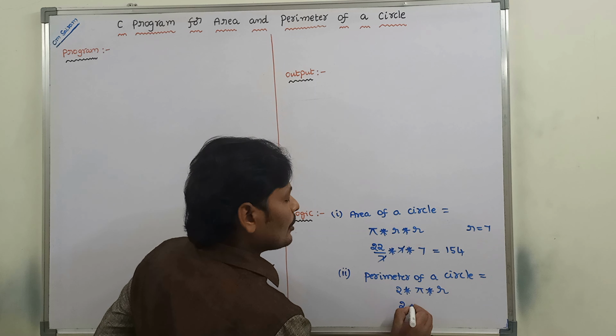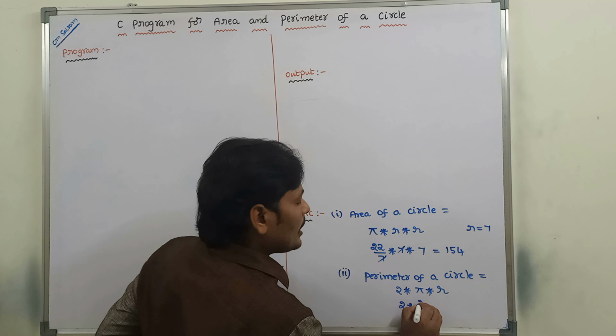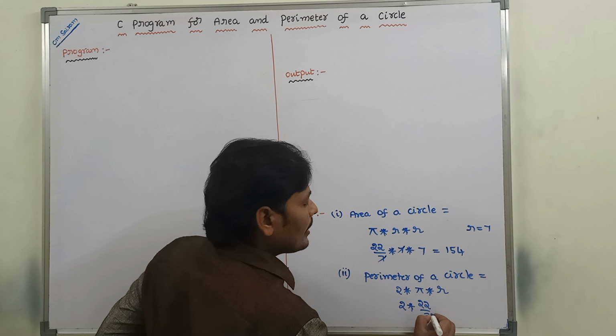So 2 into 22/7 into 7. The 7s cancel, 22 into 2, so that is 44. So this is the area of a circle formula and this is the perimeter of a circle formula.